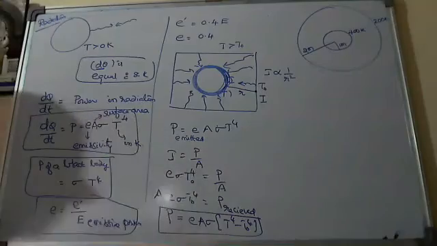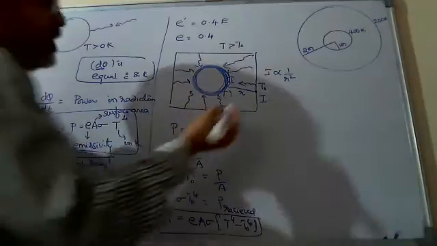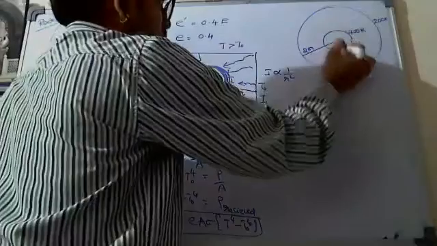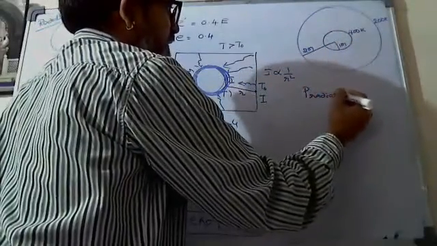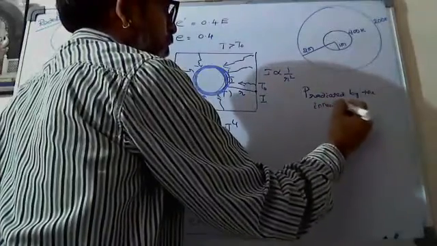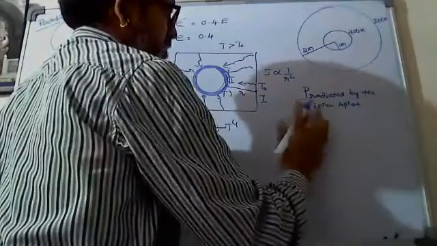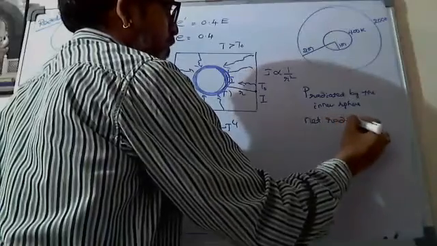Then what will be the power received here? Of course, which is at higher temperature, this one. So what is the net power radiated by the inner sphere? Okay, simply net radiation equals how much?